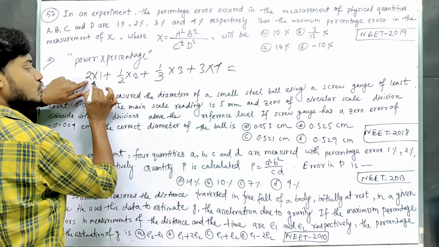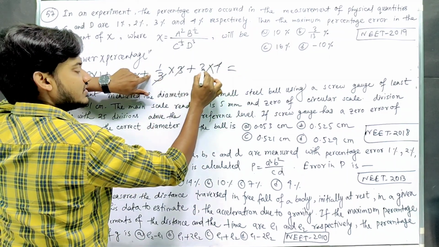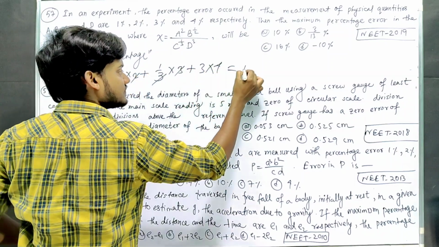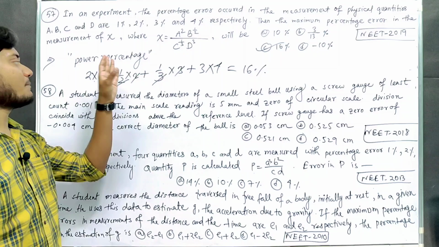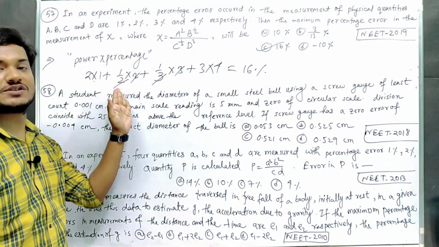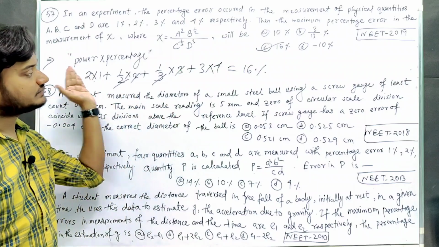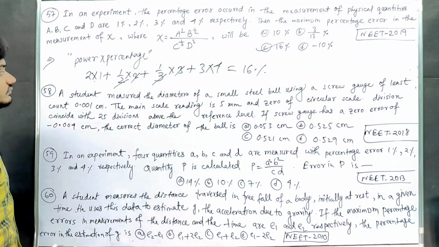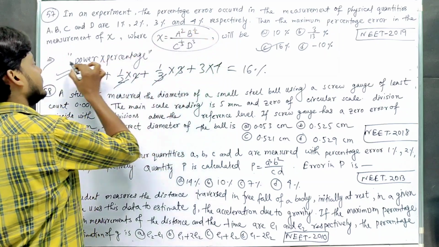Now 2 plus 1, 3 plus 1, 4, 3 into 4 is 12, 12 plus 4, 16%. So answer is option C. Just do this, power multiplied by percentage plus power multiplied by percentage plus power multiplied by percentage. You can do this kind of math with this formula.